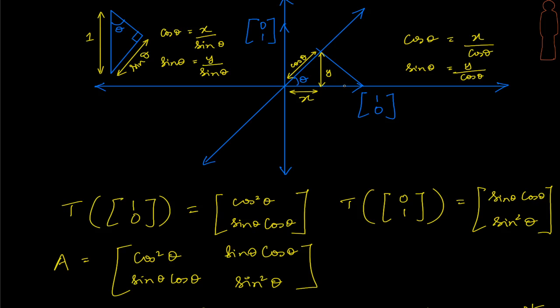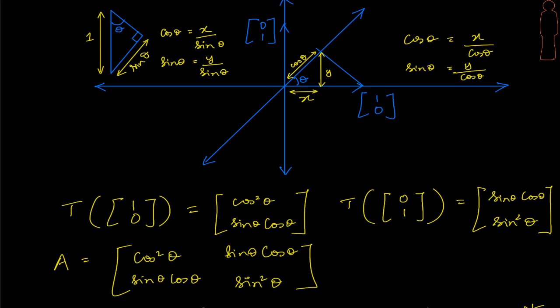Same principle: cos theta is going to be x by the hypotenuse this time, which is sin theta. And sine of this angle is going to be this y, the height, divided by the hypotenuse, which is sin theta. This is what we have got for the vector 0 1.